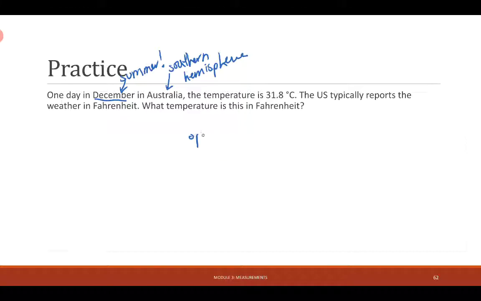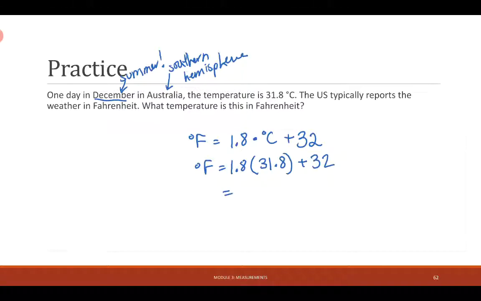To get our degrees Fahrenheit, we are going to take 1.8 times our Celsius temperature, and then we are going to add 32. So degrees Fahrenheit is 1.8 times 31.8, and then we will add 32. 1.8 times 31.8 is 57.24. This has 3 sig figs, and then I'll have to add 32.